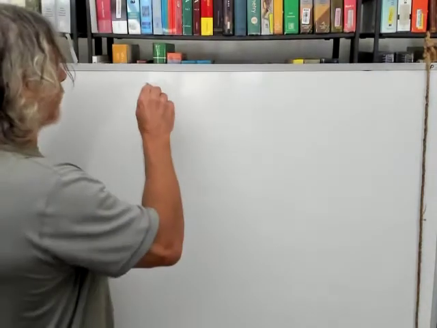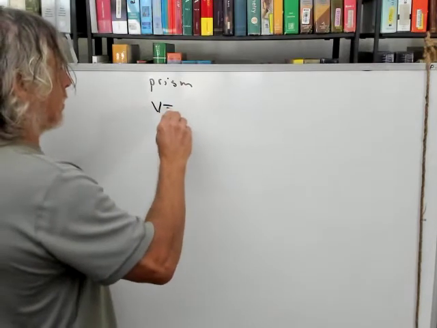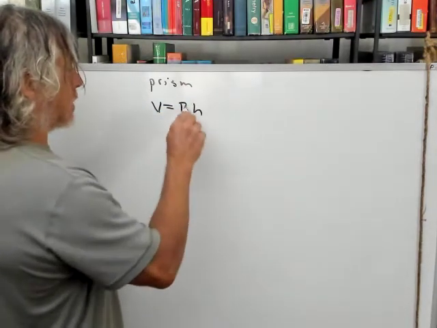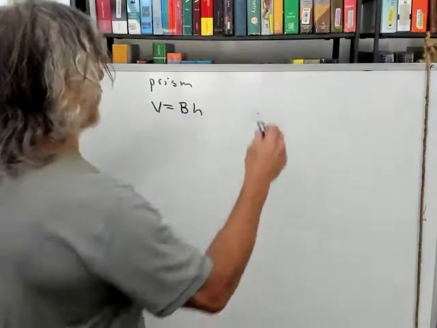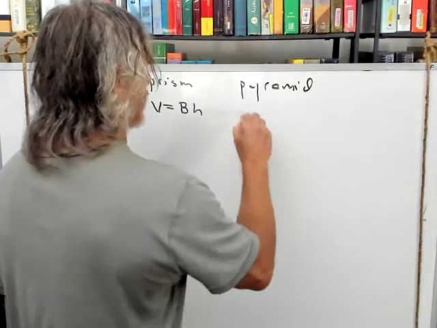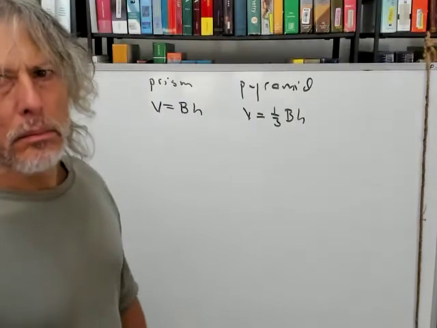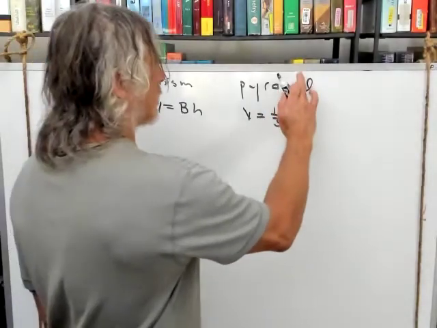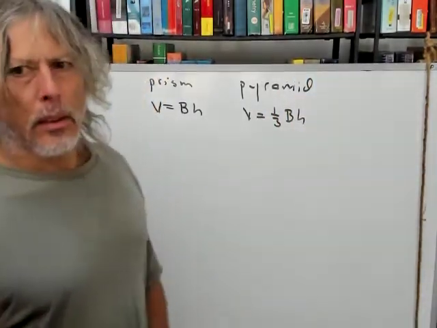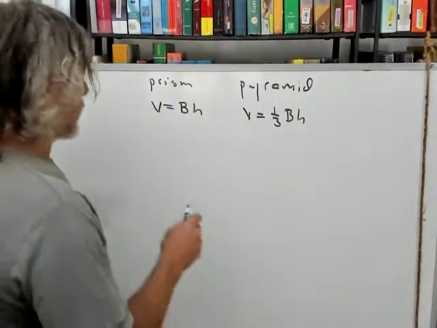Now, so we got prism, volume, area of the base times the height of the prism. Pyramid, it's like 1/3 of that. And then a cone is kind of like this thing, and a cylinder is kind of like this thing.